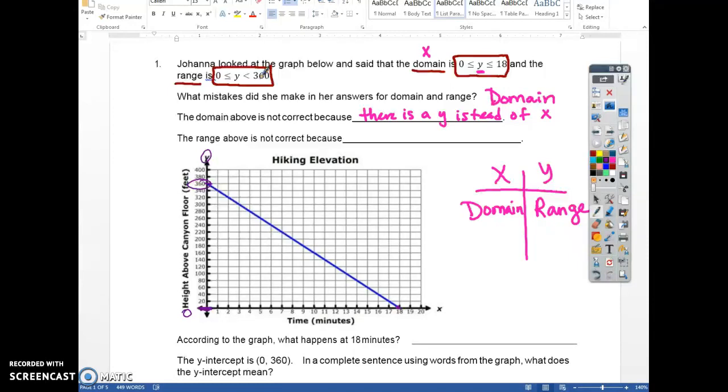Okay, so what's wrong with these two signs, or with one of the signs? This one is supposed to have a line underneath, guys, because it's equal to 360 up here. So the range is supposed to say 0 less than or equal to Y less than or equal to 360. It's supposed to have a line underneath.